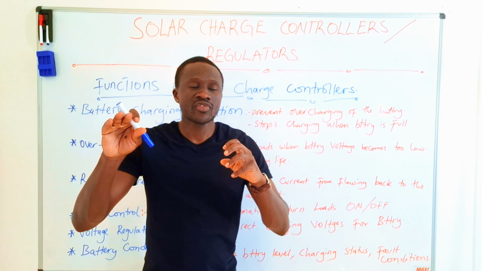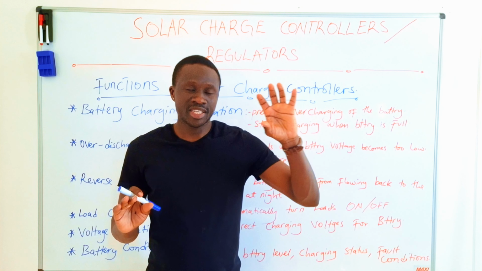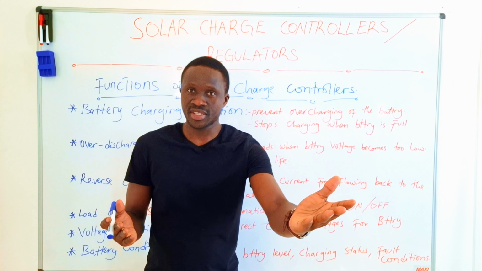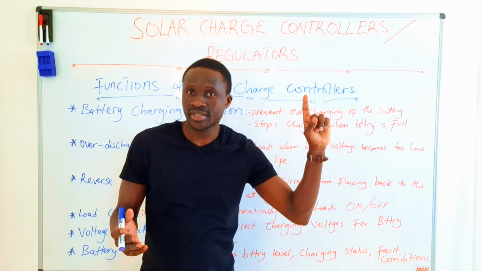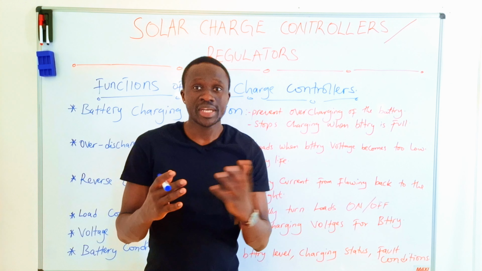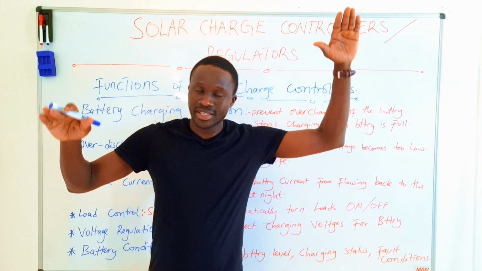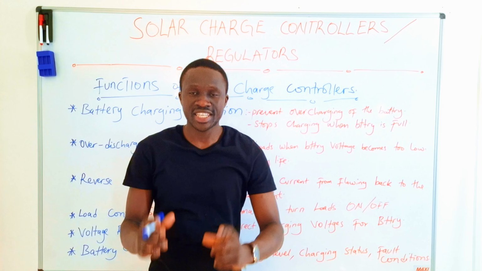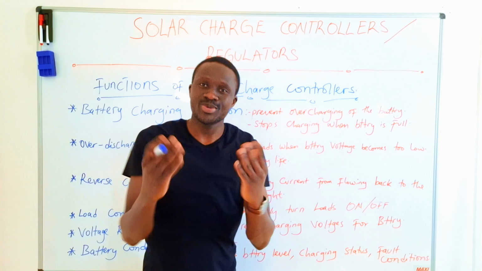Meaning, first switch off some loads so that the priority loads may be working. For example, switch off the TV so that you can have light, because light is priority. Okay? So that you use that small time, then you prepare to sleep, then wait until tomorrow. The sun will come, the panel will send voltages to the regulator then start charging the battery. Then your loads will work as you want.